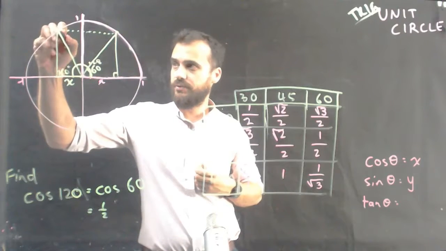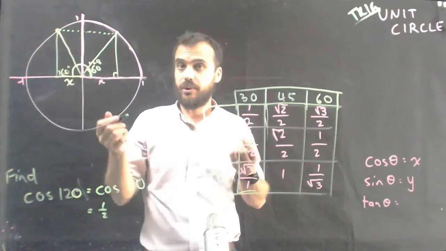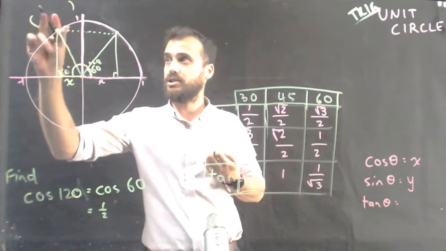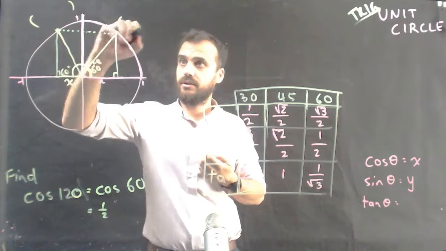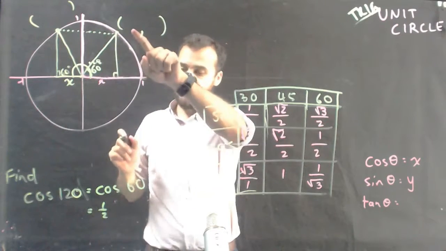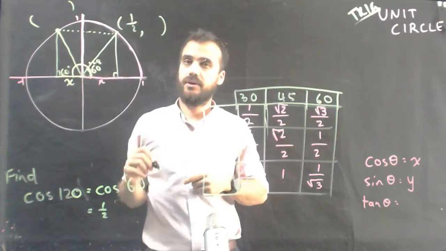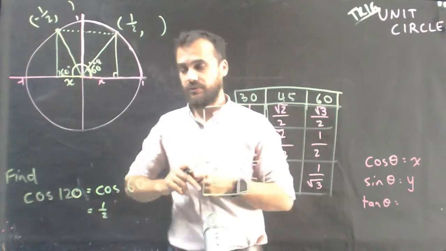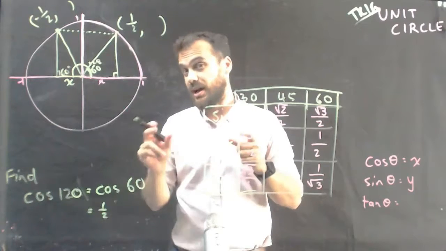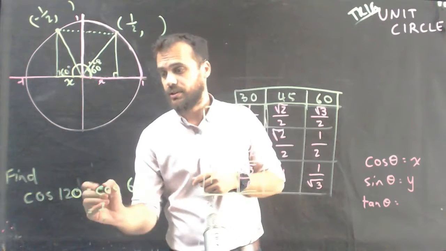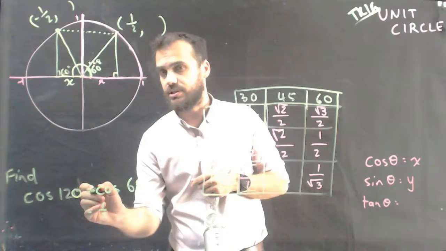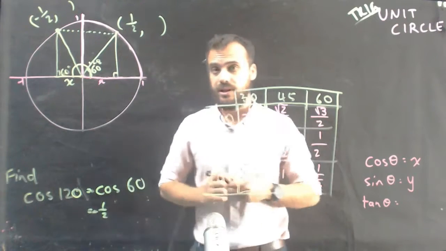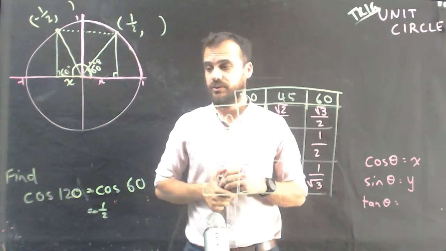Now, the x value of this dot is not positive, because here's the origin, the x value is here. It would actually be negative. So the x value of this is 1/2, but the x value of this is negative 1/2. So cos 120 isn't actually equal to cos 60. It's equal to negative cos 60, which means that cos 120 is not 1/2, it's negative 1/2.